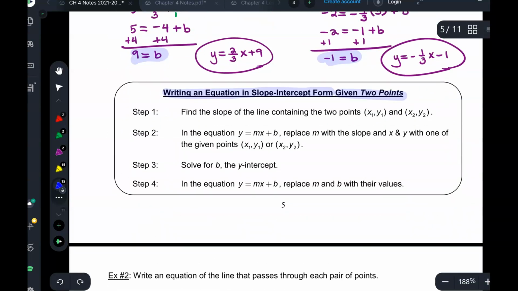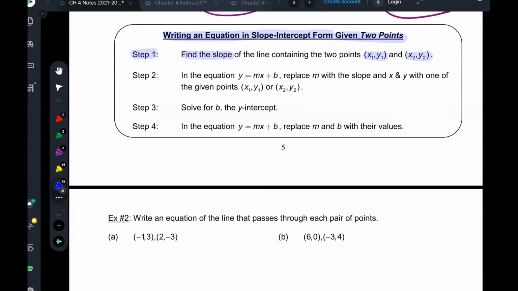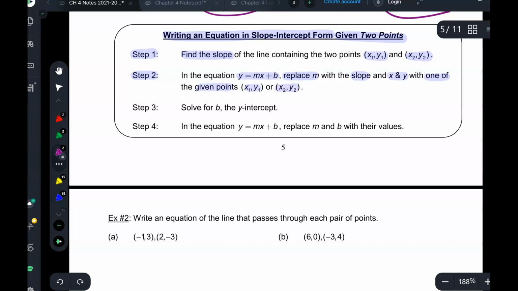So if I just give you 2 points, that first step has to be done first. We have to find the slope containing the 2 points, x1, y1, and x2, y2. After that, step 2 is going to look similar to what we were just doing. We're basically replacing m with the slope and x and y with one of the given points.